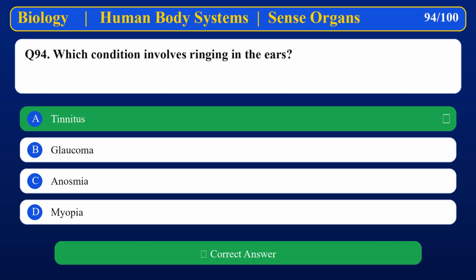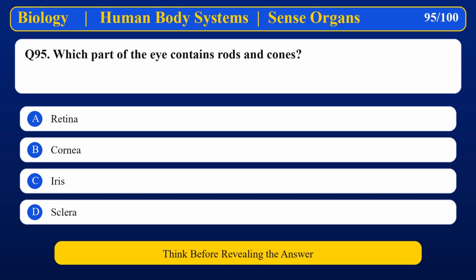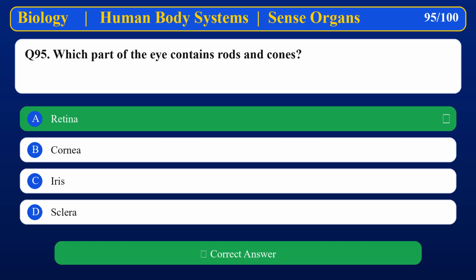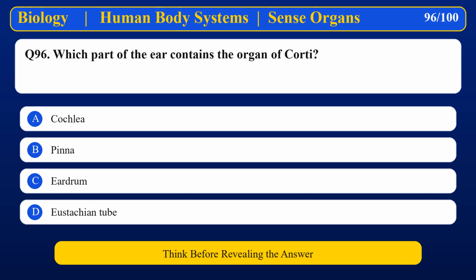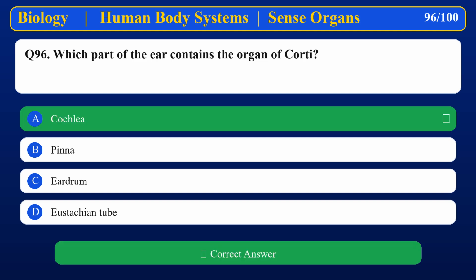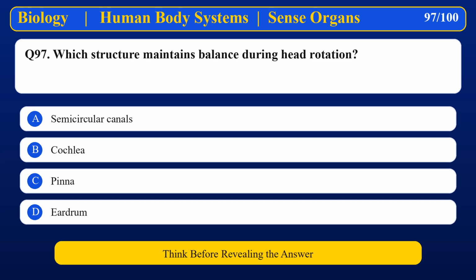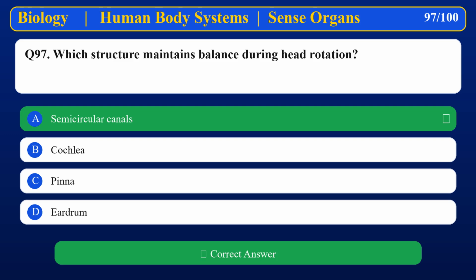Tinnitus. Which part of the eye contains rods and cones? Retina. Which part of the ear contains the organ of Corti? Cochlea. Which structure maintains balance during head rotation? Semicircular canals.